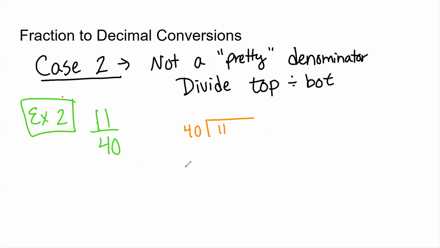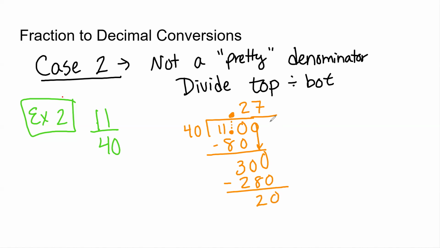But 40 does not go into 11, so you're going to add a decimal and a 0, bring that decimal straight up. And now you ask yourself, 40 goes into 110 twice, which is 80. Subtract, add another 0, drop down. 40 goes into 300 7 times, which is 280.